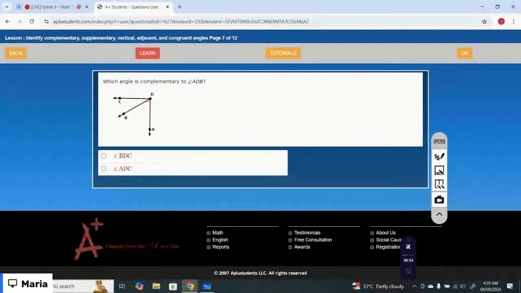Which angle is complementary to angle ADB, which is the correct option?